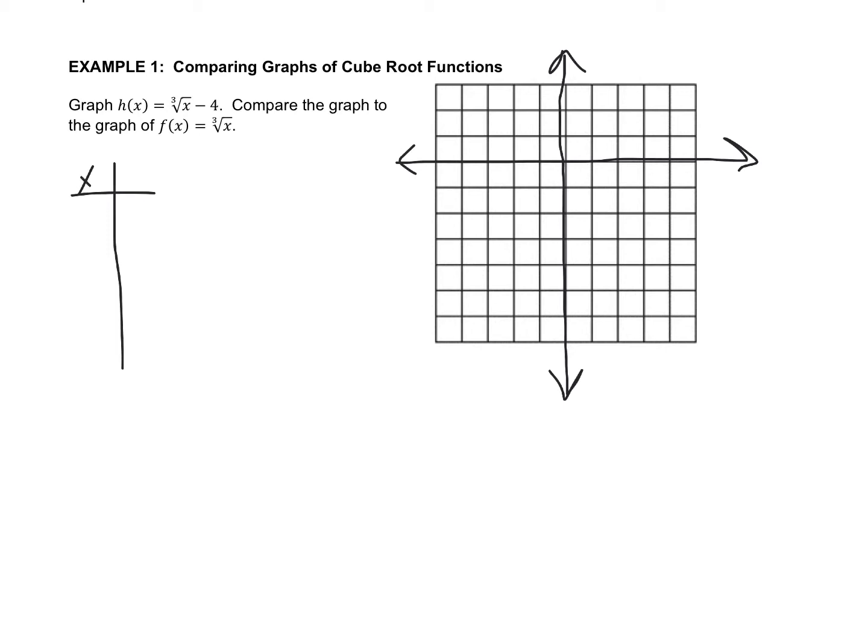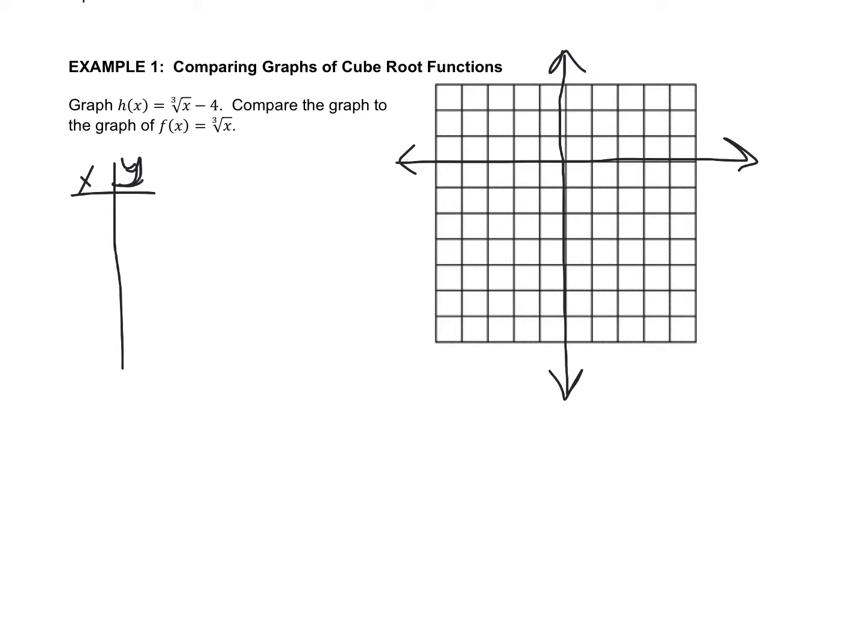Like we talked about with the cube root functions, we want to have our domain very specific on what we're plugging in. Unlike the square root functions where we couldn't have negatives, we can have a negative that's done with a cube root. Remember, we could have negatives coming out. So we've got to consider the negatives and the positives. Because we're looking at cube roots, we want to think of our perfect cubes.